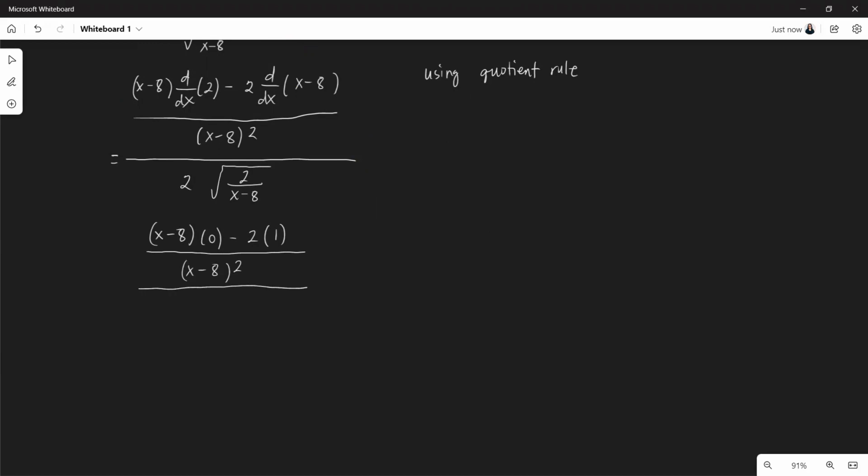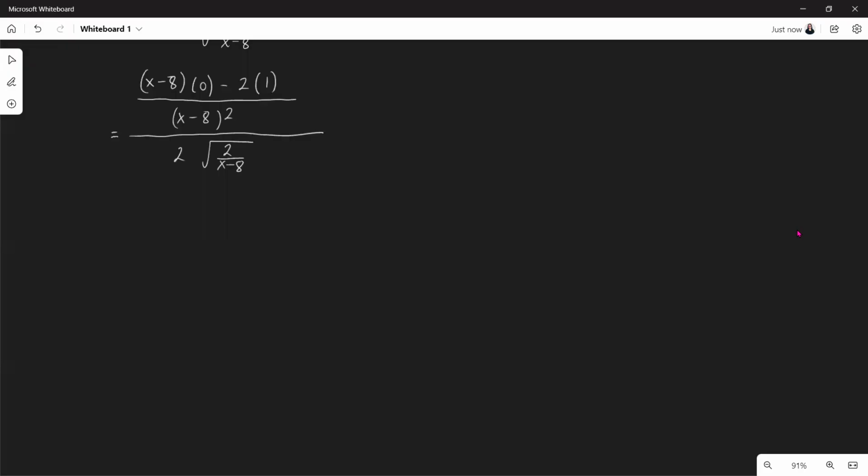And then all over 2 square root of 2 over x minus 8. So this is the main fraction bar. Let's continue. 0 for the first term minus 2, so that's negative 2 over the square of x minus 8, and then all over 2 square root of 2 over x minus 8.